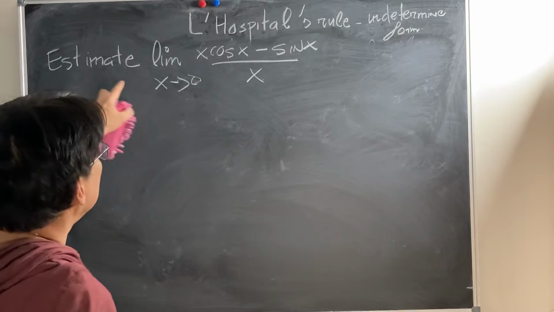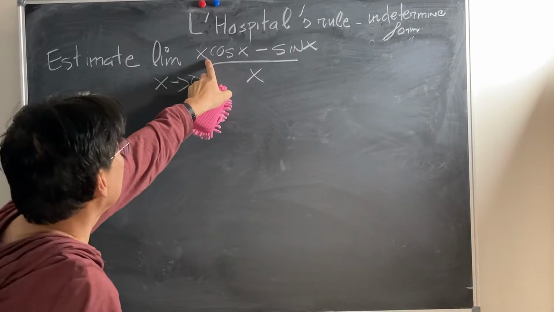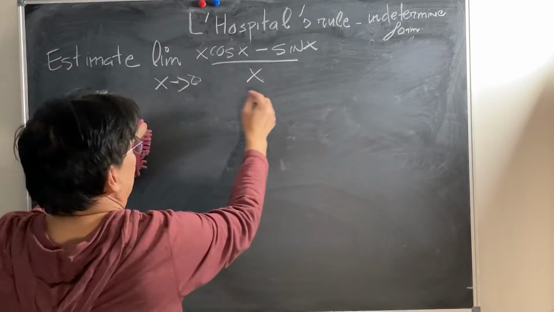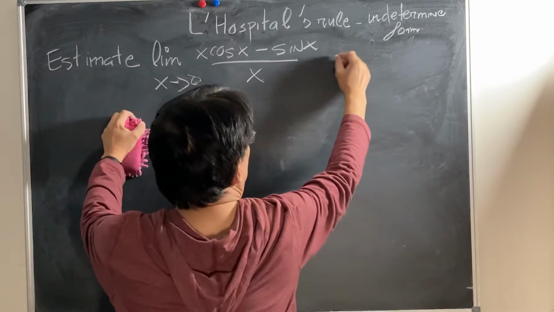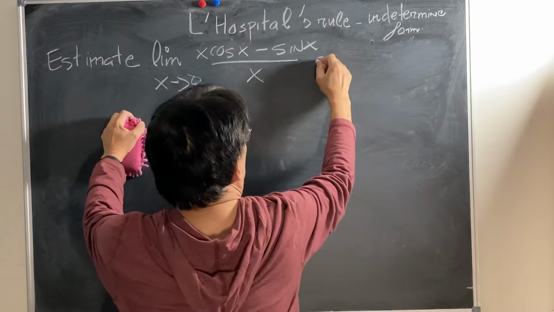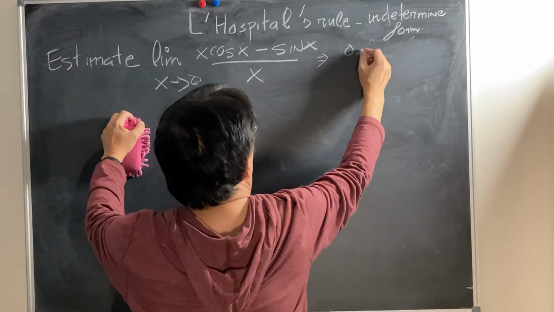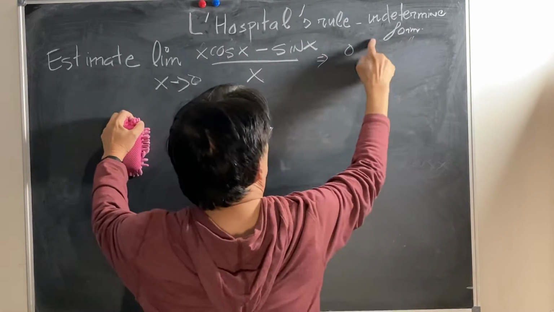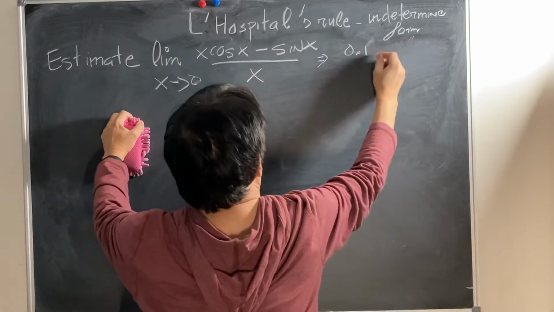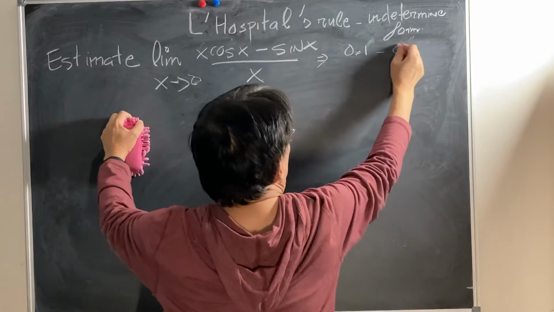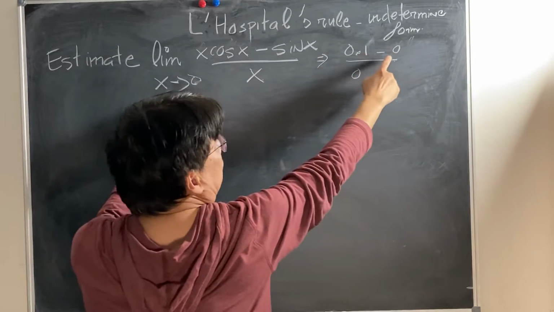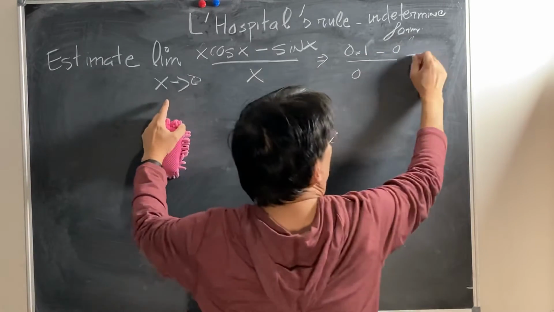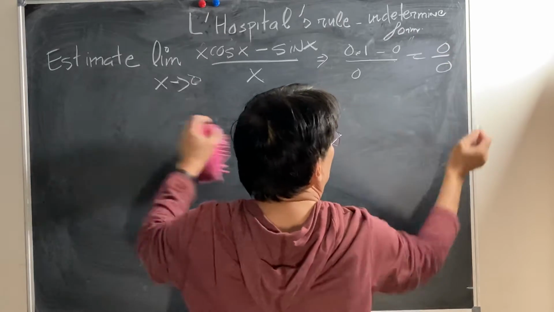Now if you substitute 0 in here, you have 0 times cosine 0, which is 1, so 0 times 1 is 0, and 0 minus 0 divided by 0, so it's the form 0 over 0.